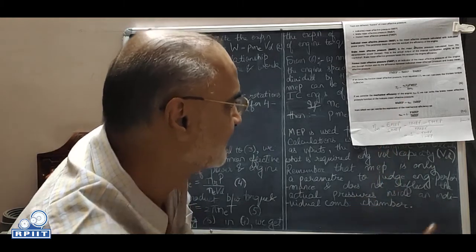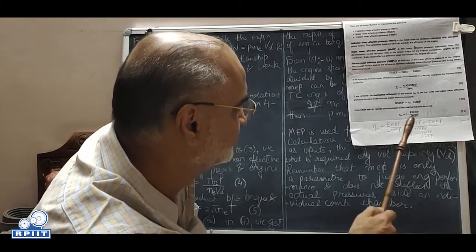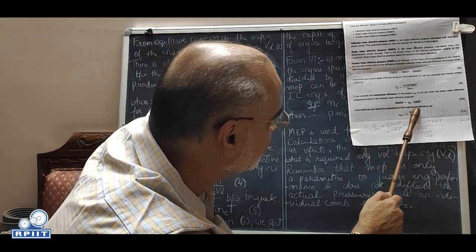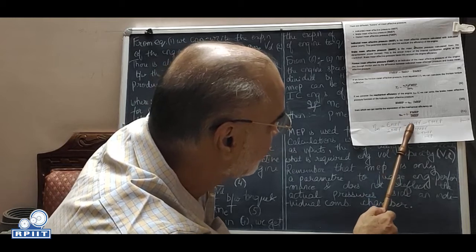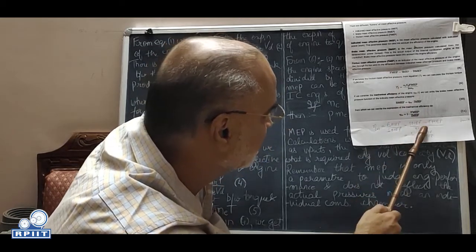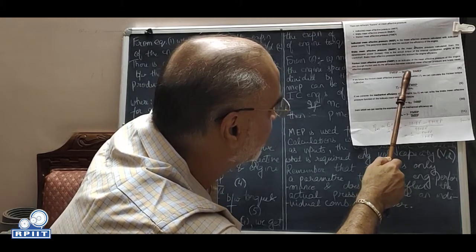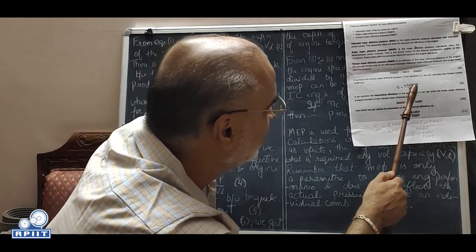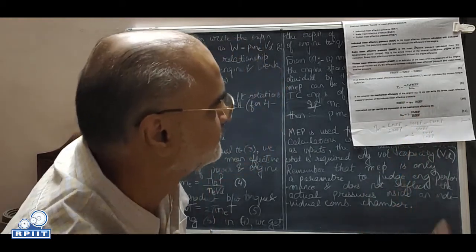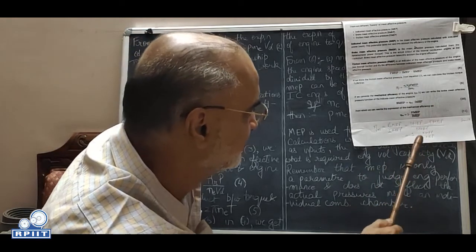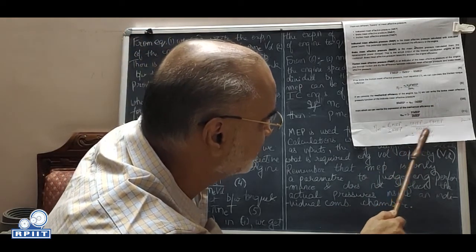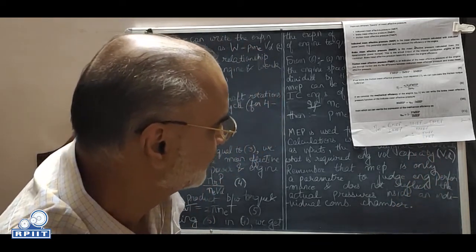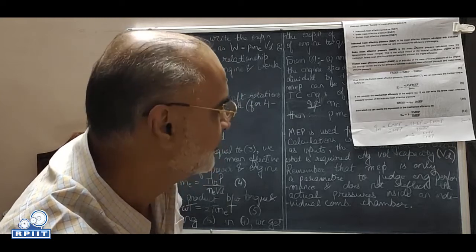From this we can derive the expression nM is equal to BMEP divided by IMEP. BMEP is nothing but IMEP minus FMEP, divided by IMEP. So nM is equal to 1 minus FMEP divided by IMEP. This is the mechanical efficiency of an engine.